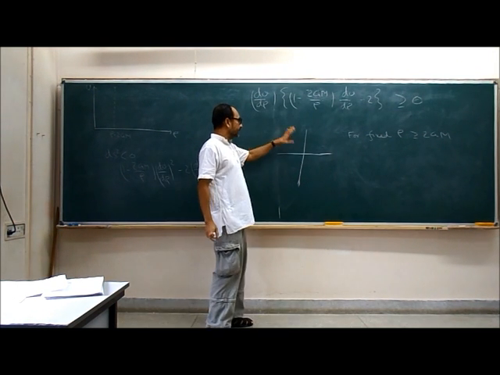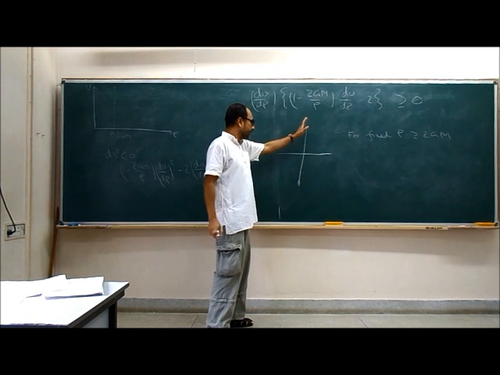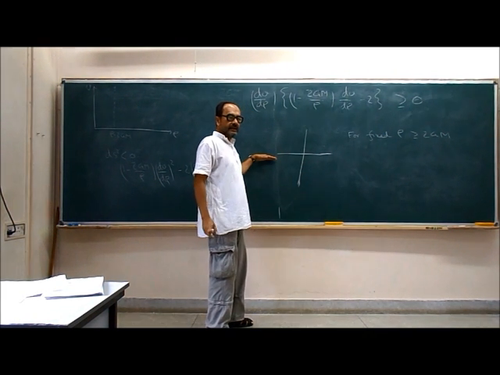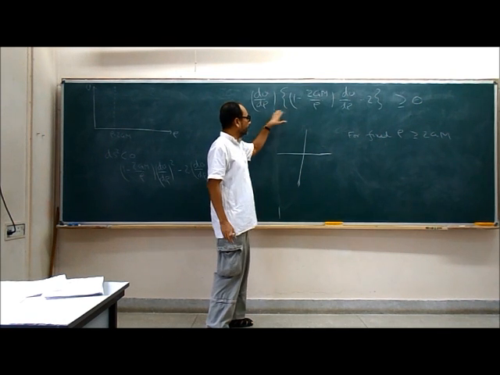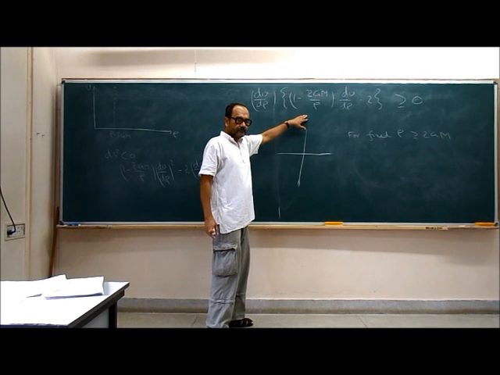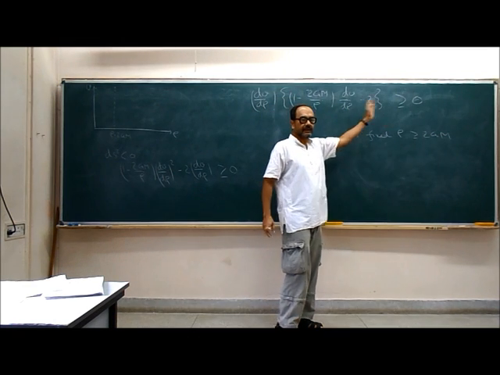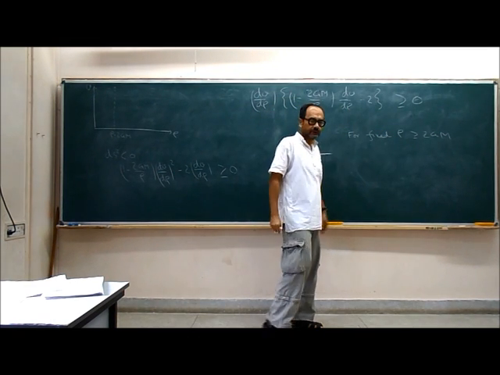Now we want to know what are the allowed regions, right? These two lines divide the allowed region from the disallowed region, because these are the places where this vanishes. On one side it will become negative, on the other side it becomes positive, and you want to determine which side is which.